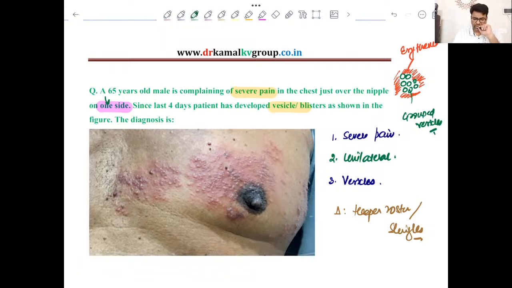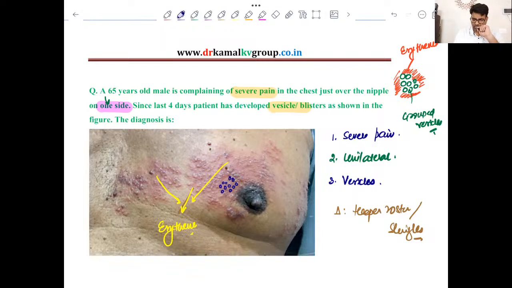Similarly, you will see here the redness, right? I think all of you can appreciate the redness. This redness is all erythema. And over this erythema, you can see very small vesicles. Vesicles are fluid-filled skin lesions less than 1 centimeter in diameter.